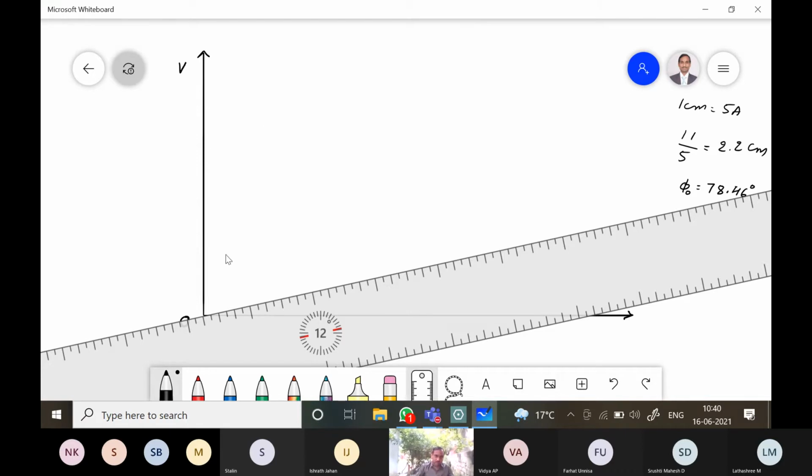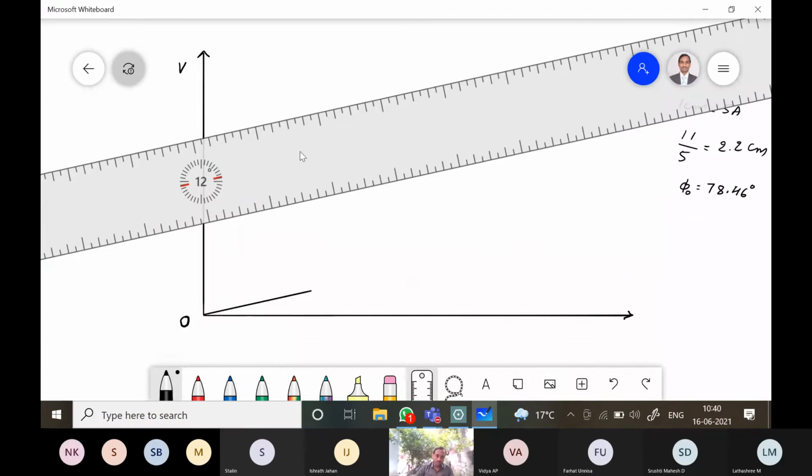So draw the 2.2 centimeter, that is called as I naught, with angle 78.46 degree. It's called as phi naught. This is called as O dash.